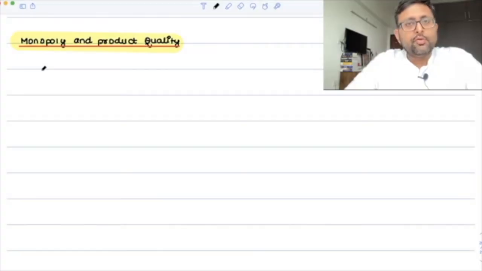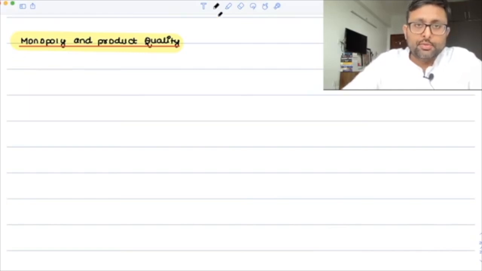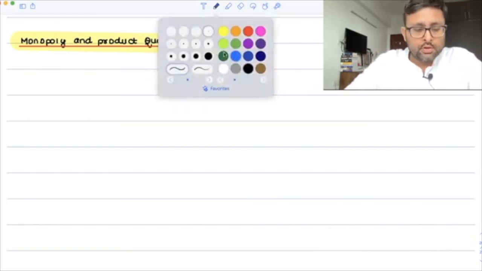So up until now, we have talked about monopoly. We have talked about the profit maximization. We have talked about where the profits are going to be maximized using the first order condition and the second order conditions. Now we're going to talk about the product quality also. So let me just take you through this.